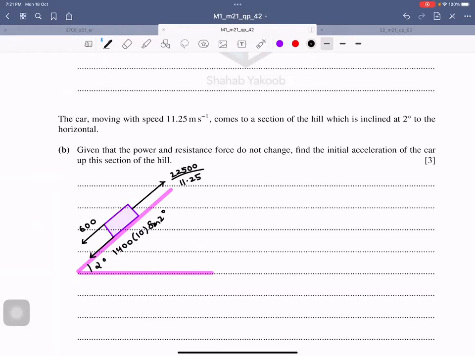And initial acceleration A is what we are looking for. So therefore 22,500 divided by 11.25 minus 600 minus 1400 into 10 into sine of 2 degrees is equal to mass into acceleration. We do the calculation using a calculator, and this comes out to be 0.651 meter per second square.